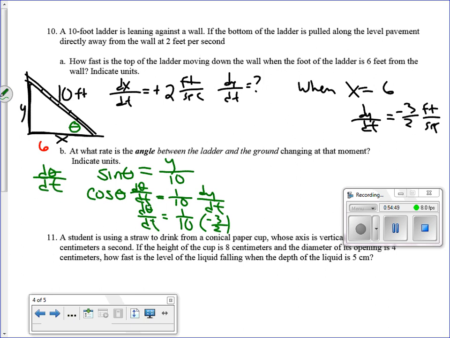But we do have to fill in cosine theta at the moment when x is 6, and if you remember, we figured out y was 8. At the moment when x is 6, cosine of theta would be adjacent over hypotenuse, so 6 over 10. So that's what I'm going to fill in here. Now, to get d theta/dt, we can multiply each side by 10 over 6.